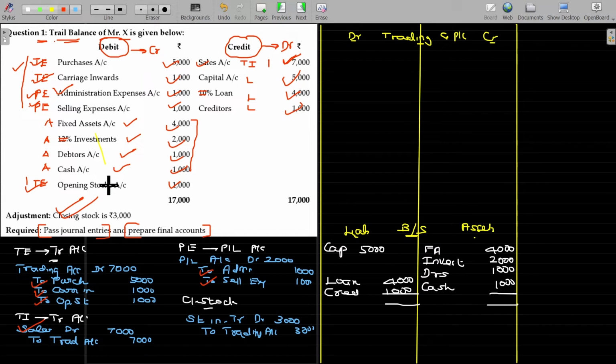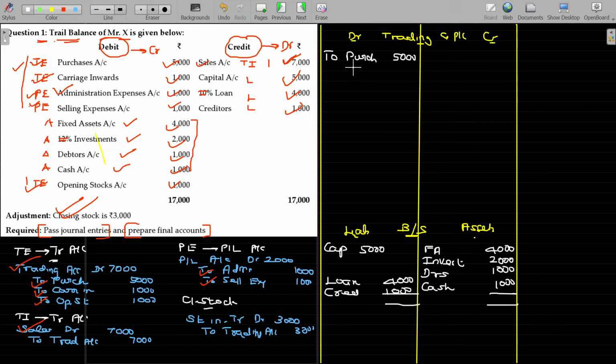Closing stock also we have posted. If you are posting that into a journal entry, then it's already assumed to be posted only. Now the unticked items in this mean the journal entry should now be posted. In trading account, to purchases, it's now posted here, 5000.